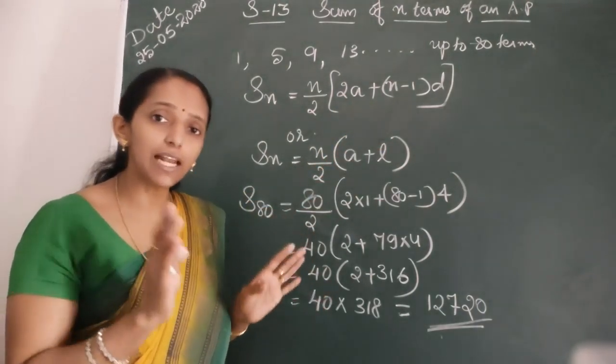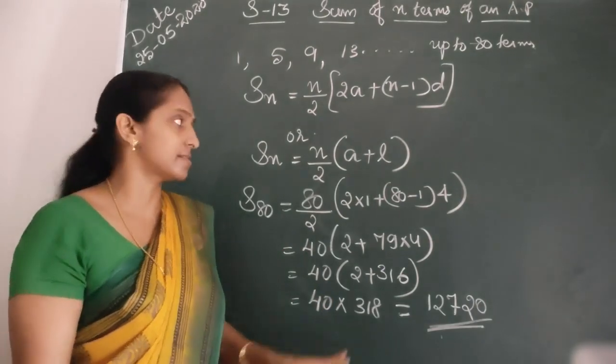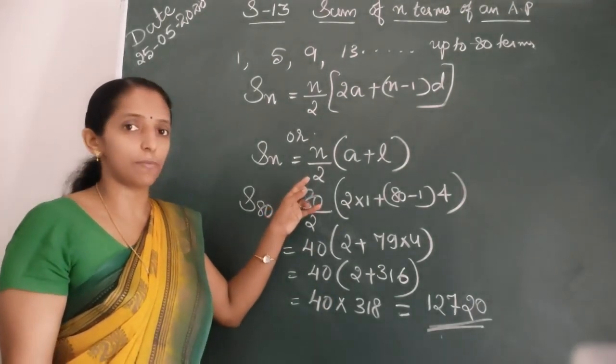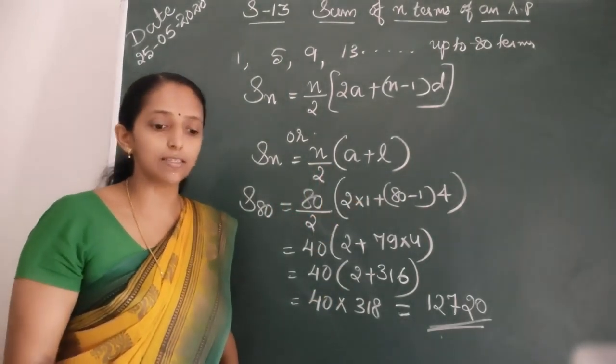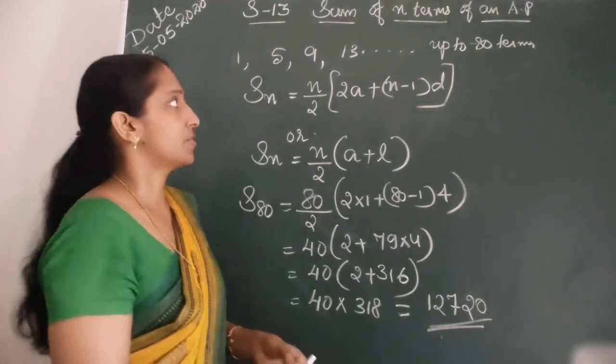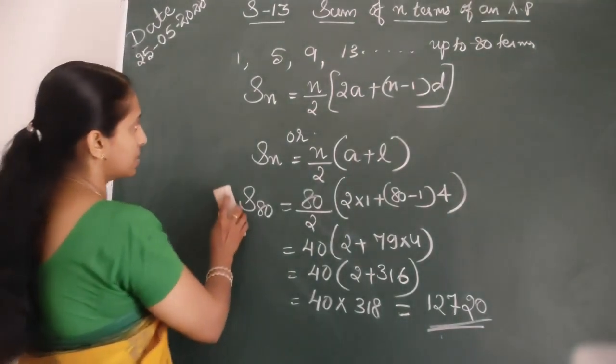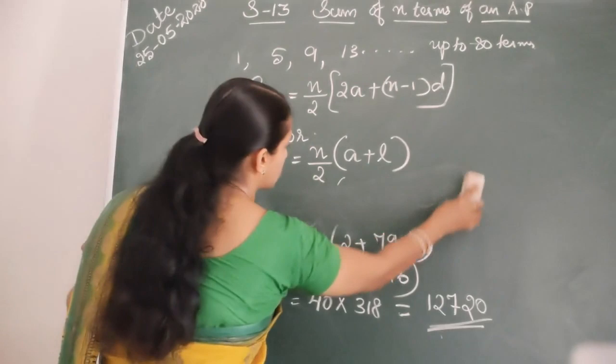Or if the last term is given in the series, then we can apply the sum by taking the formula n by 2 into a plus l. So take your copy and write down the sum of n terms of an AP.